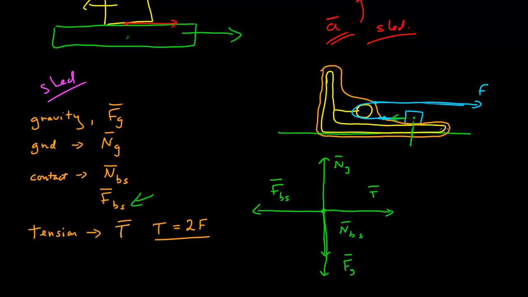So the sled is sliding to the right, and in this case, the sled is the object. So the frictional force that the block exerts on the sled is in the opposite direction of the object, which is the sled, relative to the agent, which is the block. And so that points off to the left.